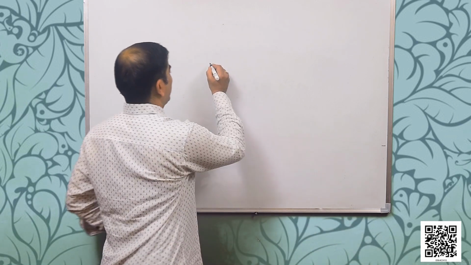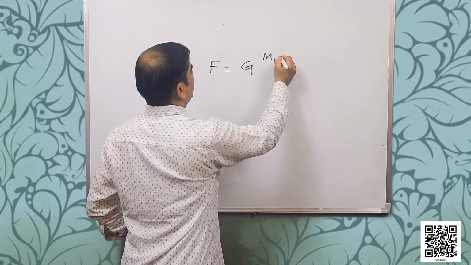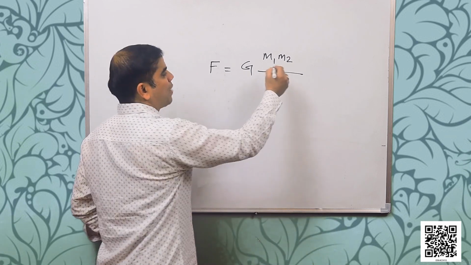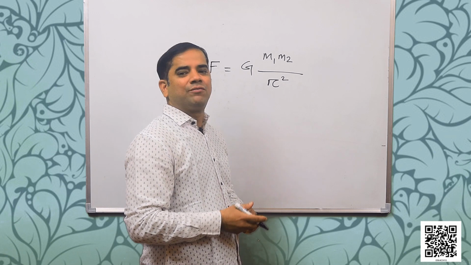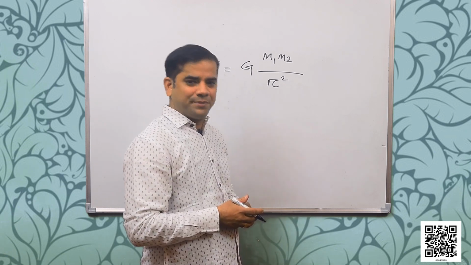So, for two objects of masses m1 and m2, and the distance between them being r, the force F of attraction acting between them is given by the universal law of gravitation as F is equal to G m1 m2 divided by r square, where m1 and m2 are the masses of two objects and r is the distance between two objects.